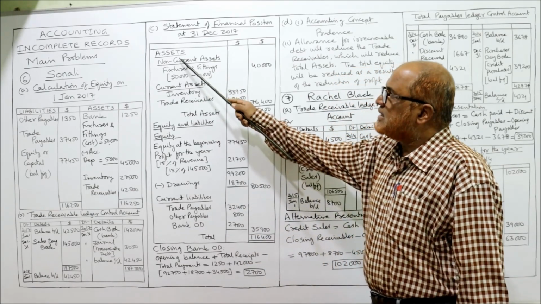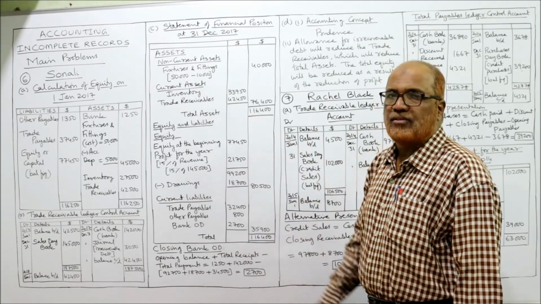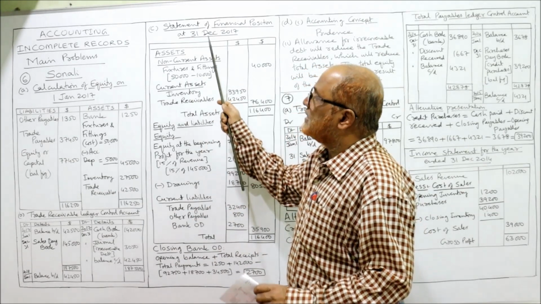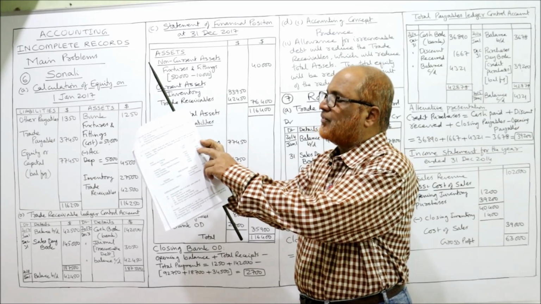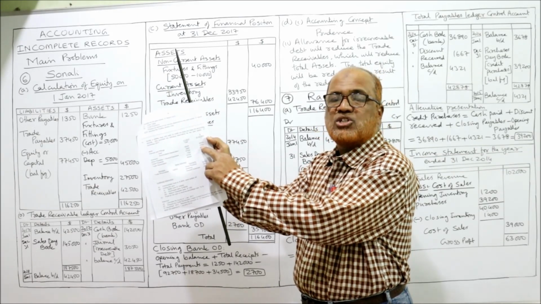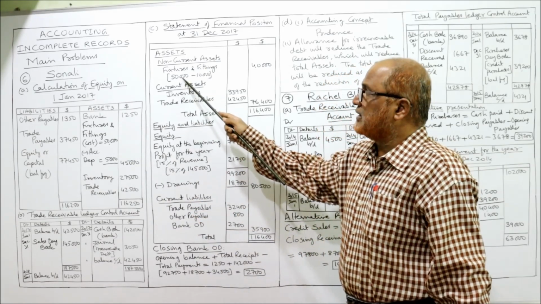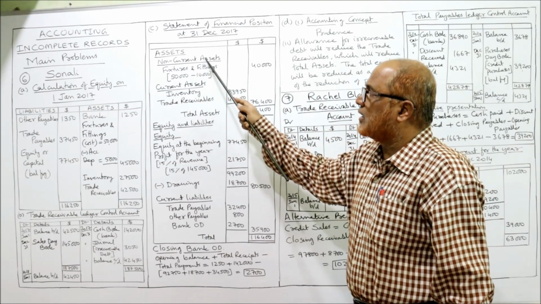Now see here, assets, non-current assets. Non-current assets are fixtures and fittings. We are making this at the end of the year. So on 31st December the cost of fixtures is 50,000, accumulated depreciation 10,000. So 50,000 minus 10,000, 40,000 is the carrying value. This is non-current.